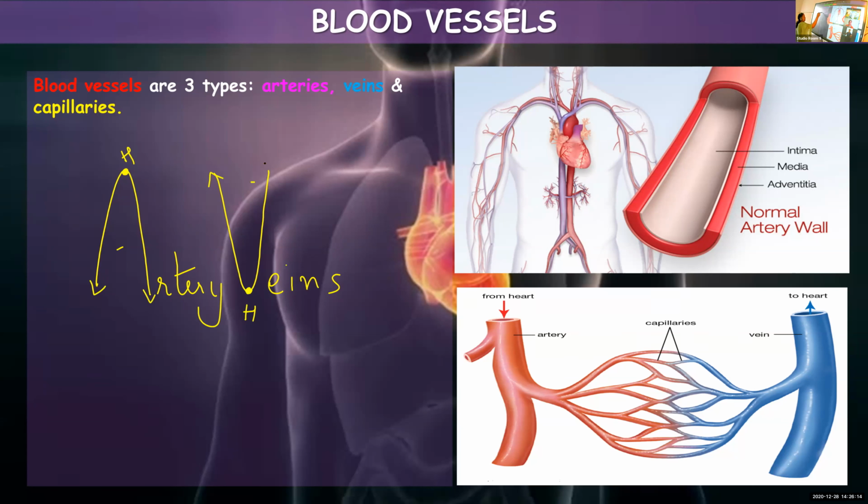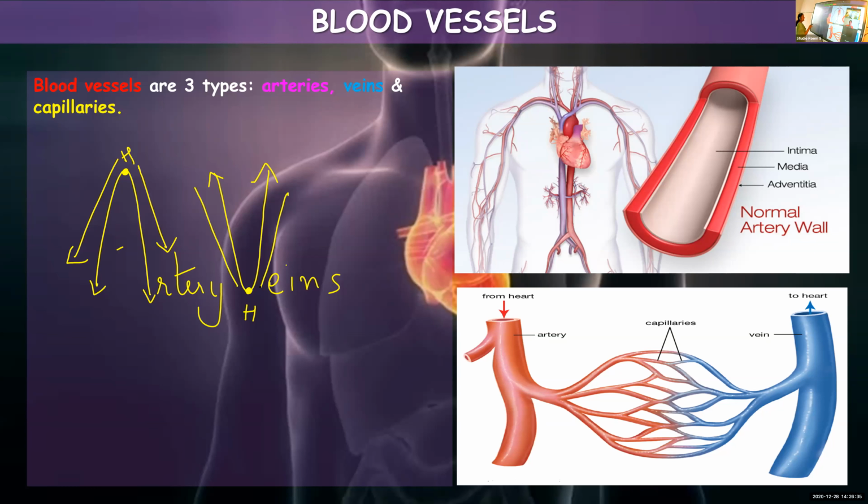With the help of the first alphabet you can easily recollect the function of arteries and veins. Artery carries blood from the heart to different parts of the body. Veins carry blood from different parts of the body to the heart.